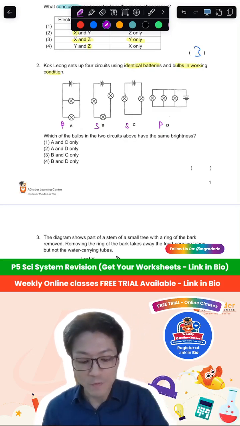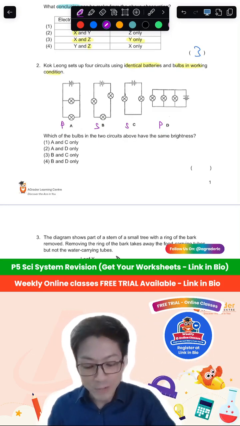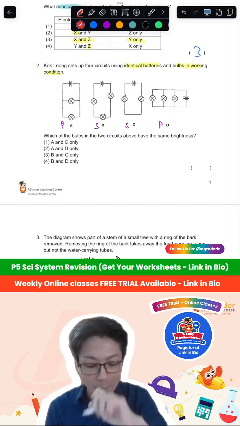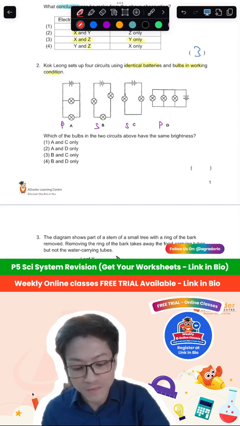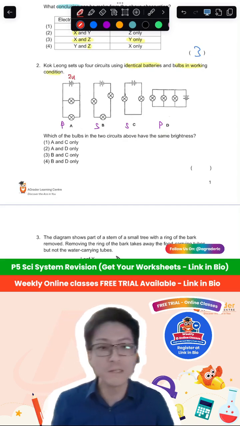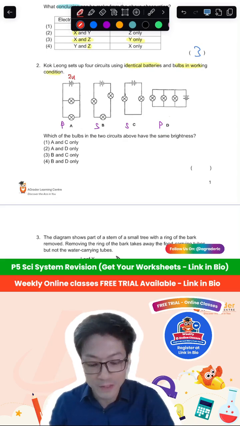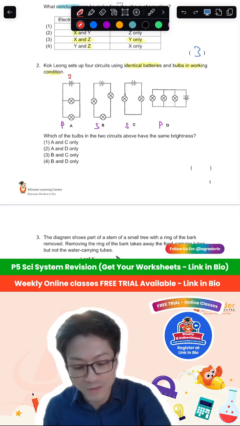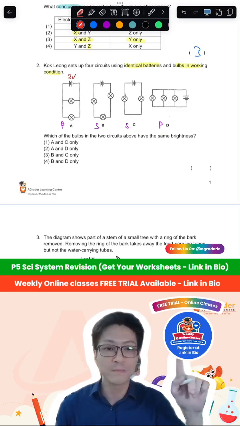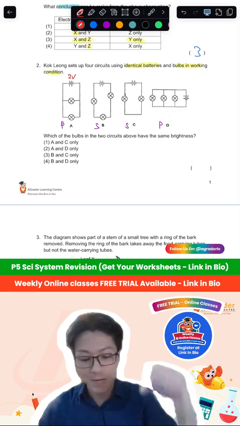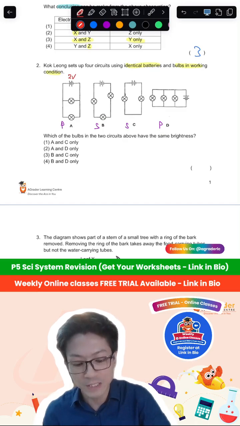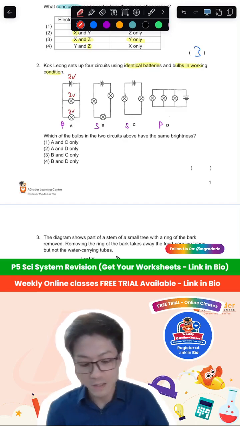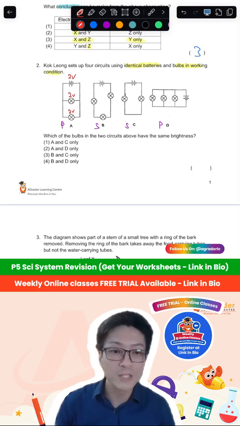Then next, hopefully you all know how to allocate the unit for the brightness. For example, if there's two batteries here, you can think of it as 2 units, or I prefer to think of it as 2 volts. Okay, and in a parallel circuit, they will have the same brightness. All right, so they both will have a brightness of 2 volt.